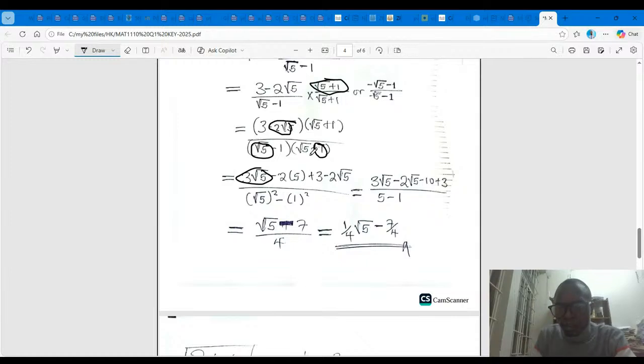So yeah, you distribute like that. Then add the like terms and simplify, then you get your answer like this. So if you want, your answer can be 7 over 4 plus something over 4 square root 5, because that is the format they want you to write it in.